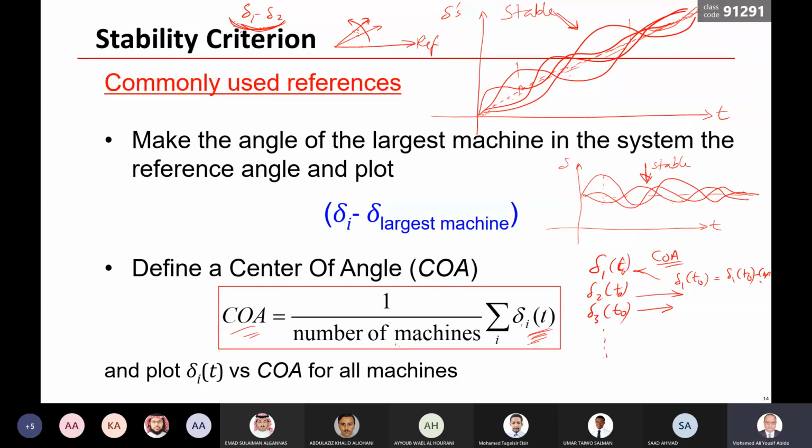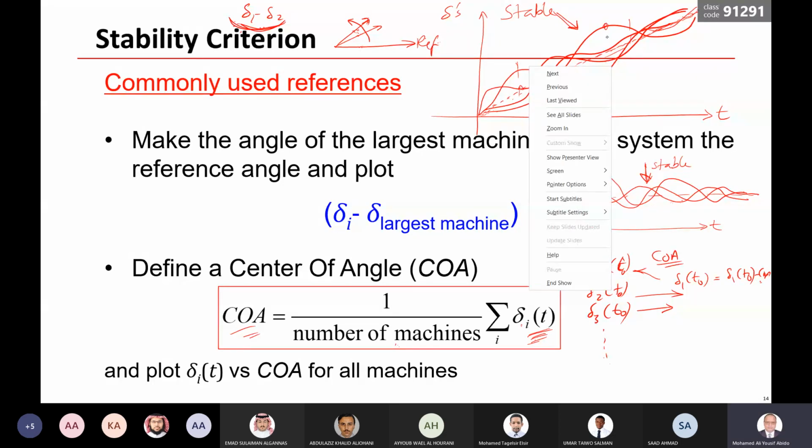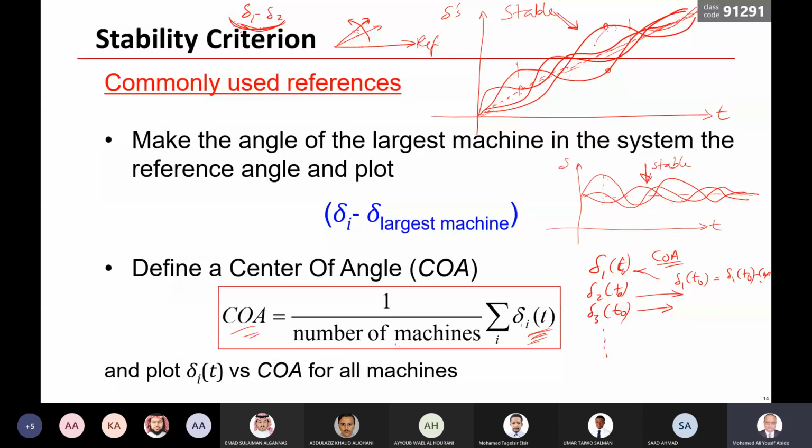Also here, if you take the maximum angle and the minimum angle of the machines, assume that this is the maximum and this is the minimum, and you see the angle difference here, how much is this angle? Is it greater than 90 or less than 90? This will also govern the stability of the system, the angle difference. Okay? Okay, thank you.